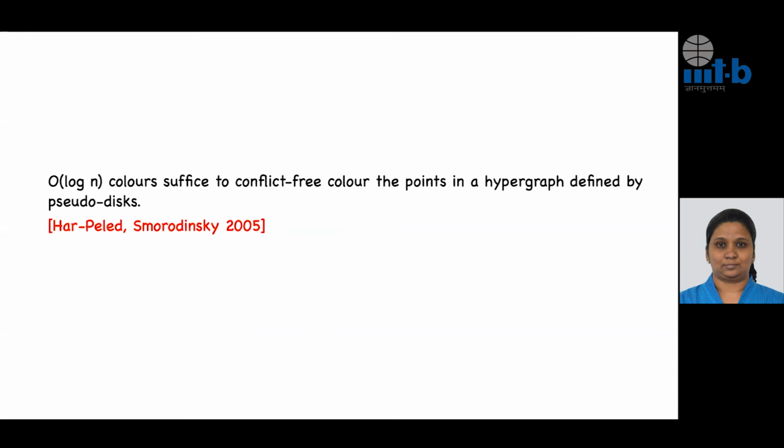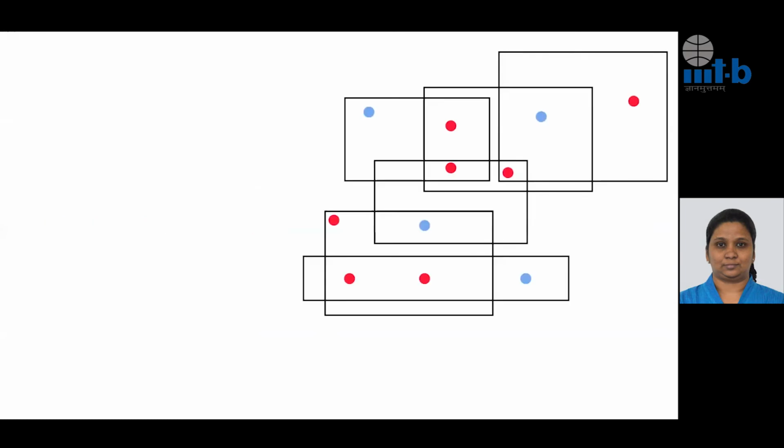Many of these bounds were also tight, meaning that there are arrangements which need this many colors. Another class of hypergraphs which was studied is defined by axis-parallel rectangles. Again, you are given a set of points as vertices, and axis-parallel rectangles define the hyperedges.